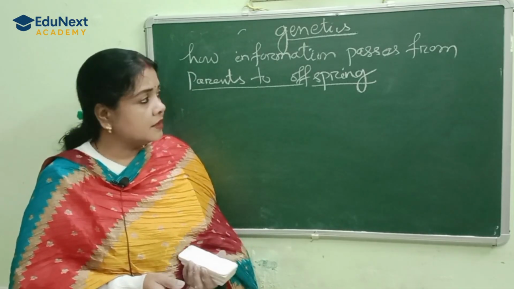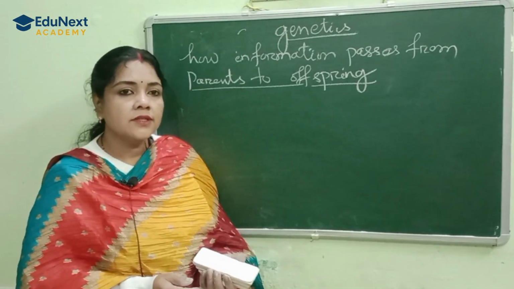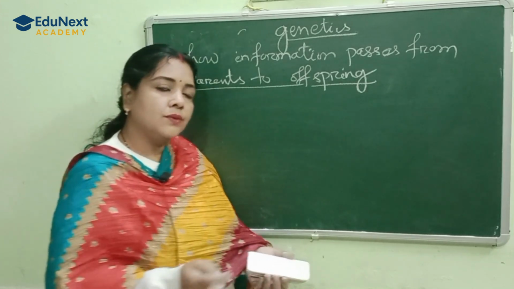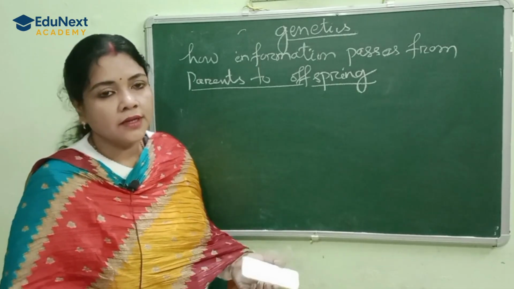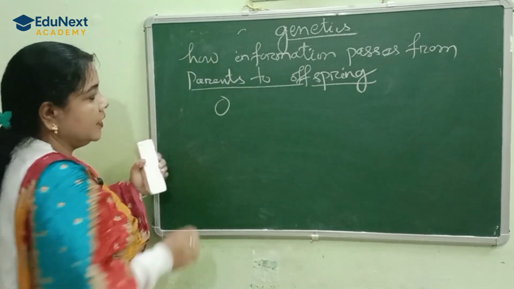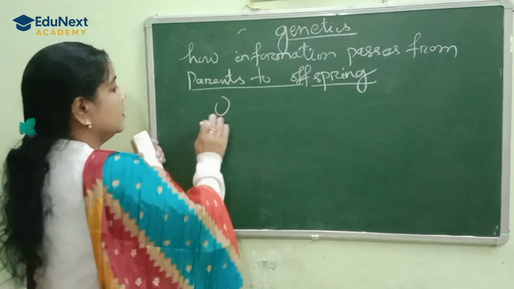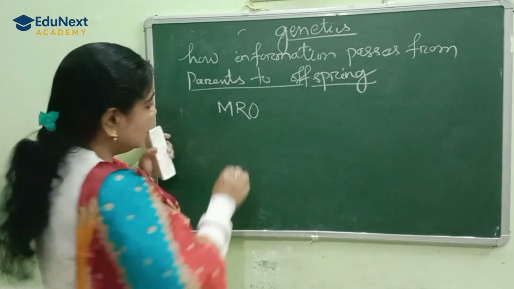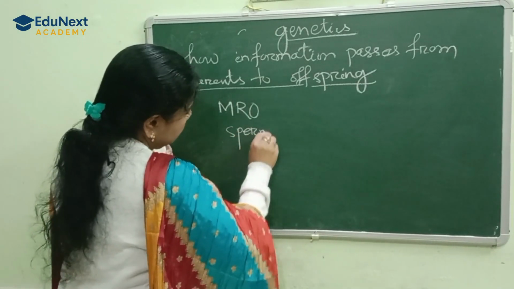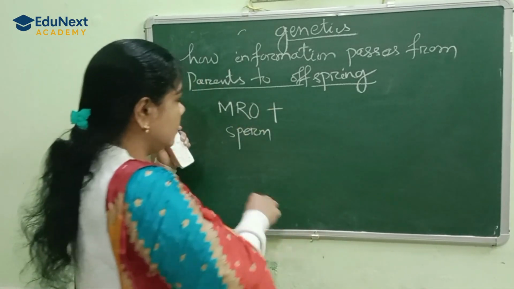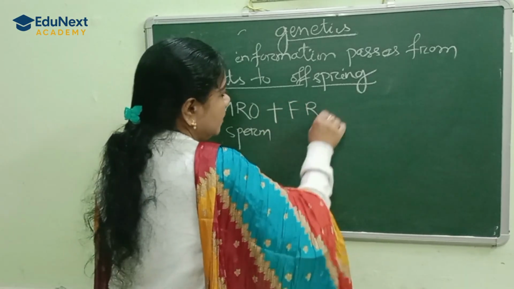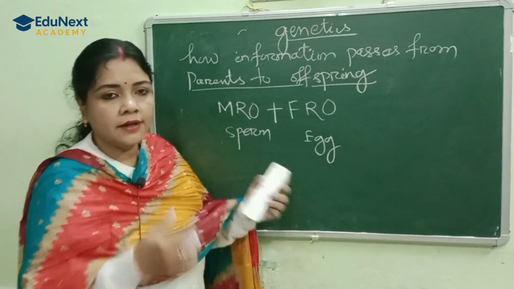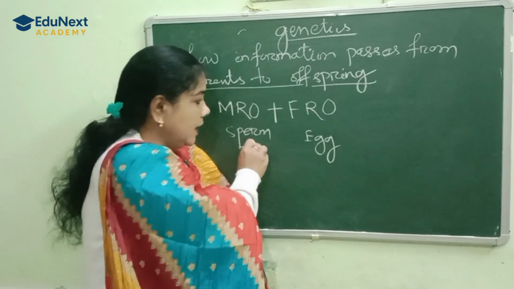Now let us discuss how this information is passed from your parents to offspring. When a child is born, the male reproductive cell, the sperm, and the female reproductive cell, the egg, join.